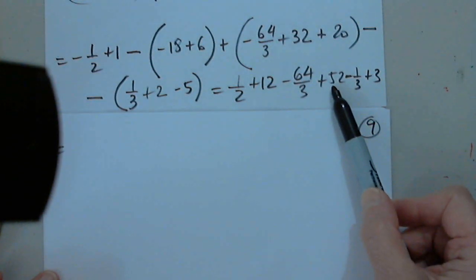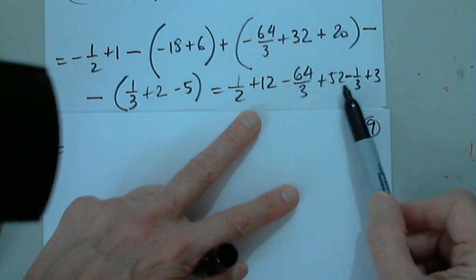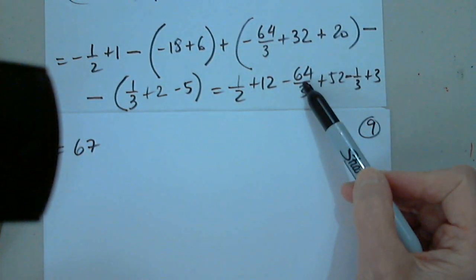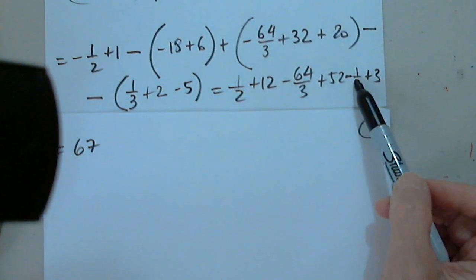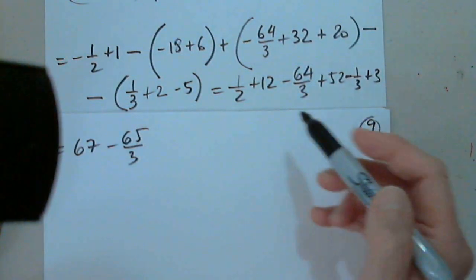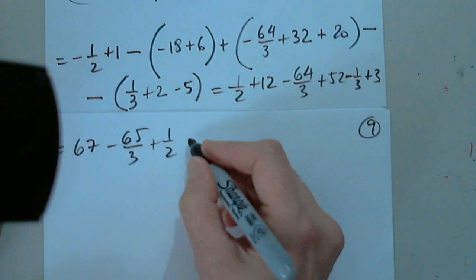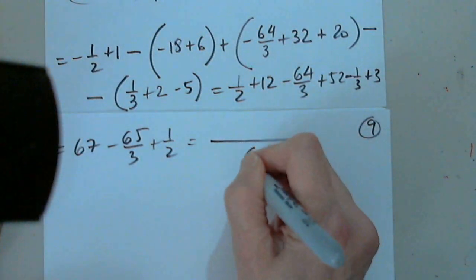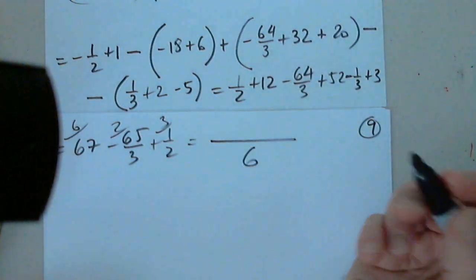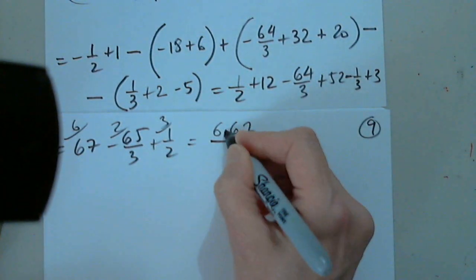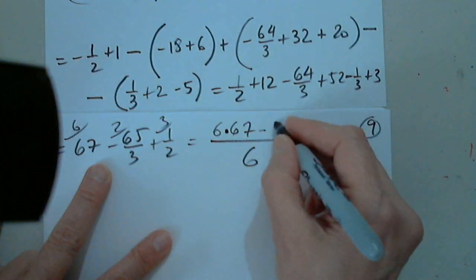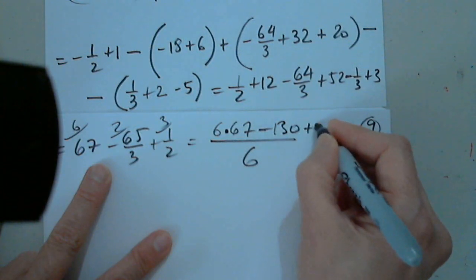So this is, what is it? 64, 67. -64 minus 1, -65 over 3, and plus 1/2. So least common denominator is 6. This needs a 6, this needs a 2, and this needs a 3. So 6 times 67 minus 120, 130, and plus 3.